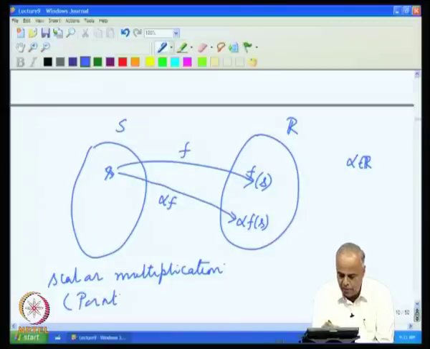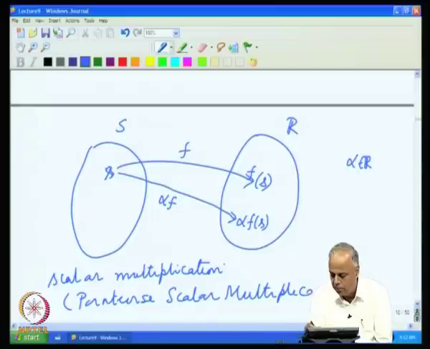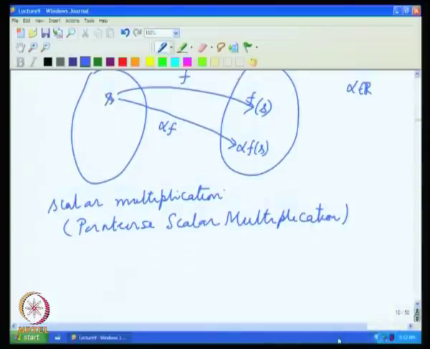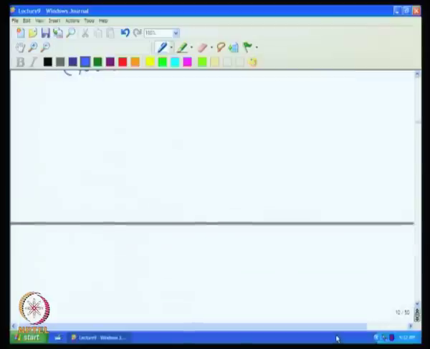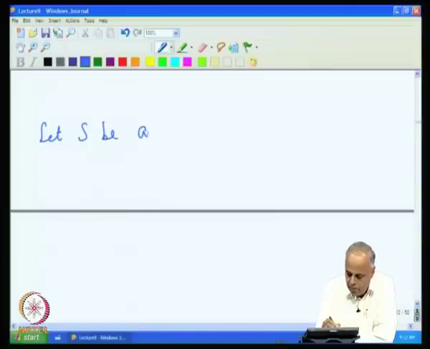So, addition of functions is defined as pointwise addition, and we have pointwise scalar multiplication. At each point the value is multiplied by the scalar. So, now we know how to add functions and how to multiply them by scalars. Now we consider, let S be any non-empty set.